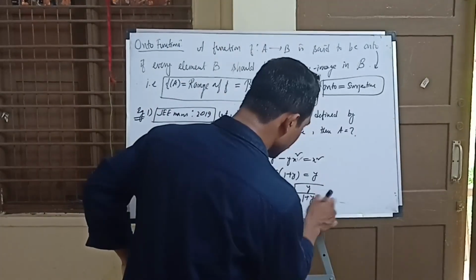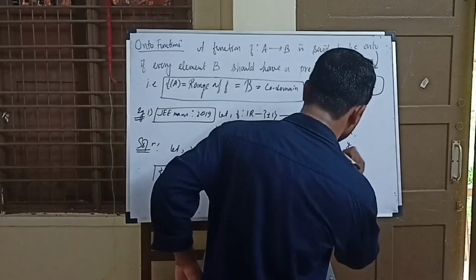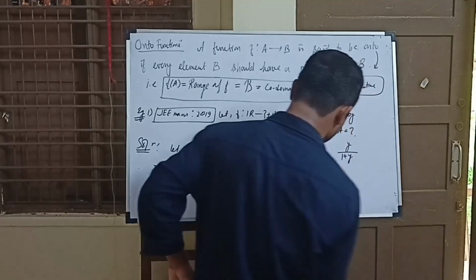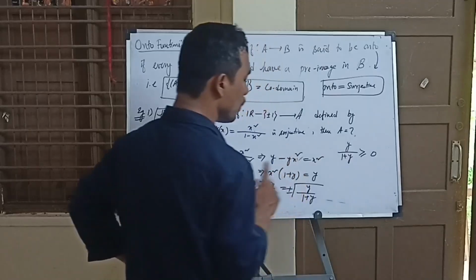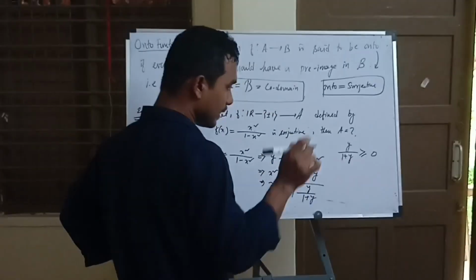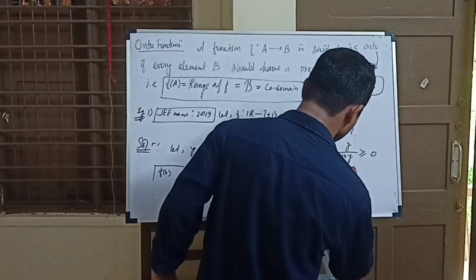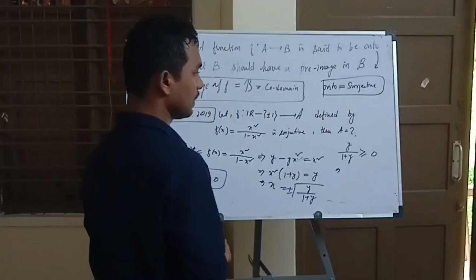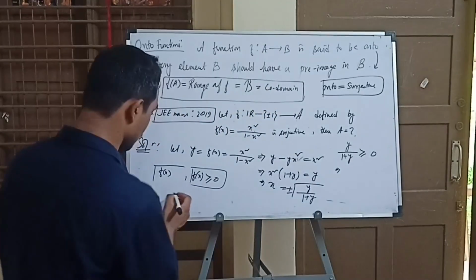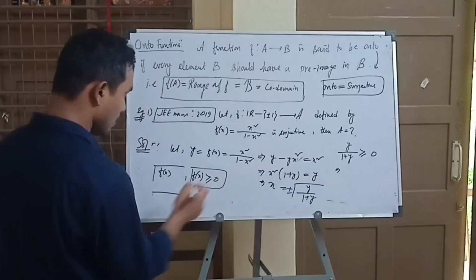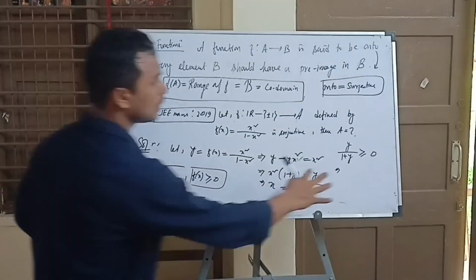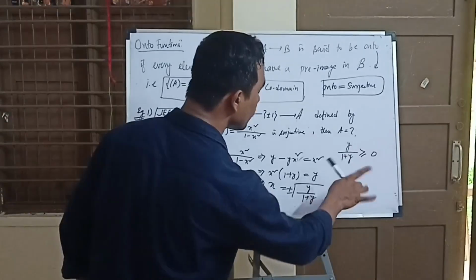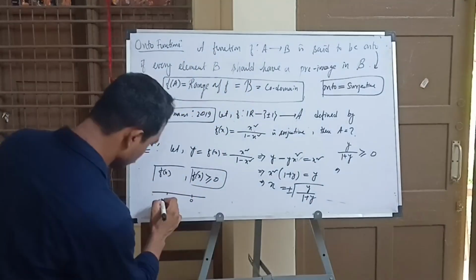Here this function will be valid only where y divided by 1 plus y is greater than or equal to 0. Correct? Let's see here. At y equal to 0 this holds.